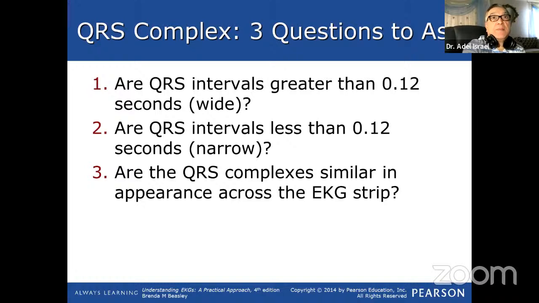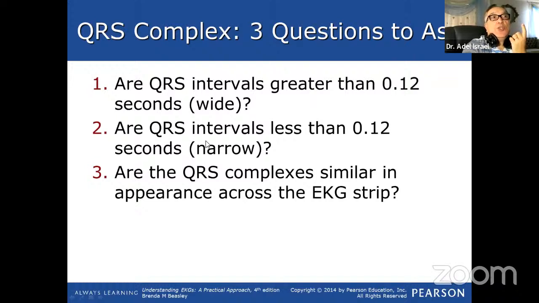If it is bigger than 0.12, I will give it the name wide. If it is less than 0.12, it is normal. I will say it is narrow. So from now, adapt your ear to this pronunciation or description. If I tell you this is wide QRS, you understand this is abnormal.